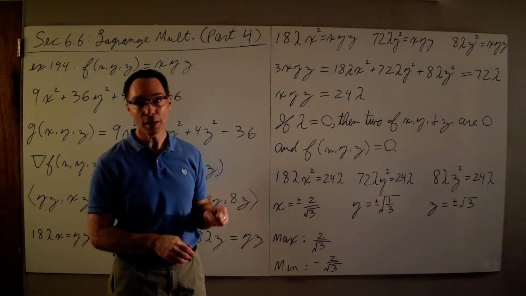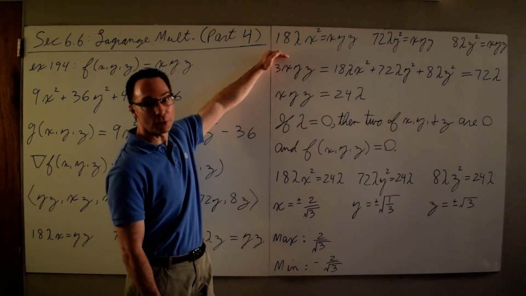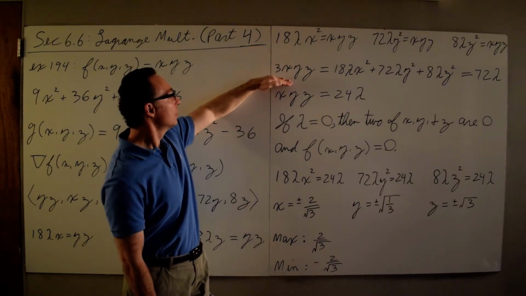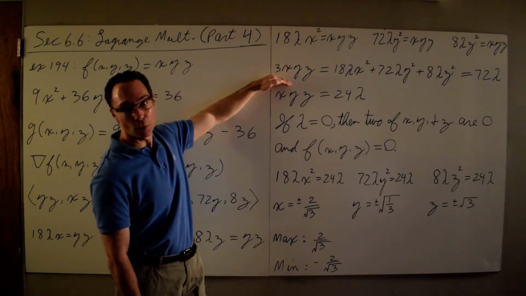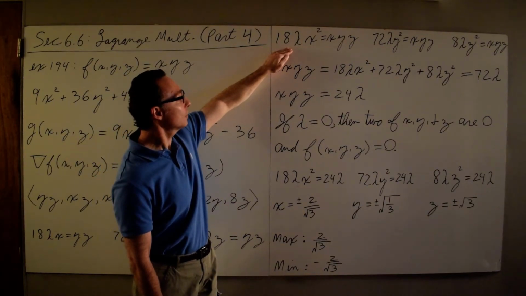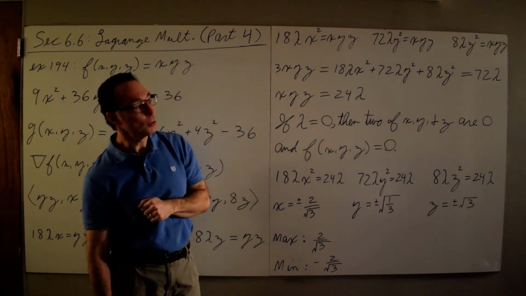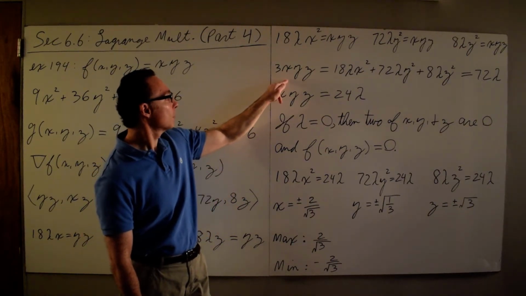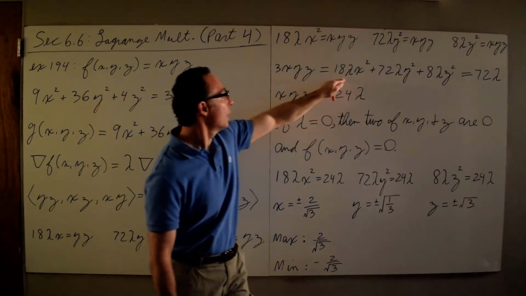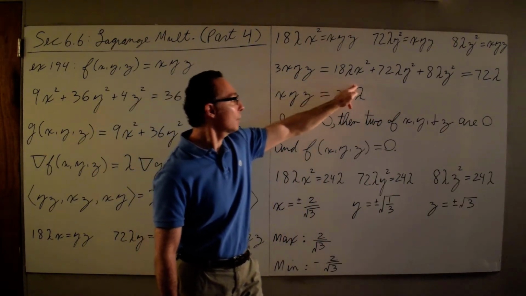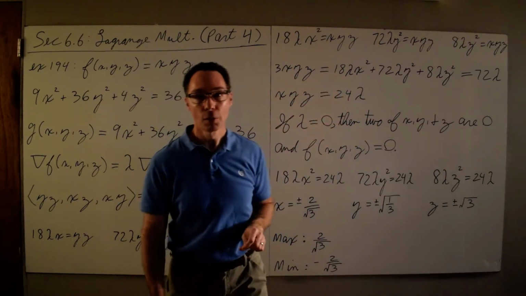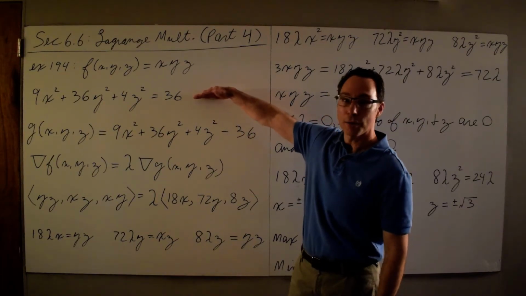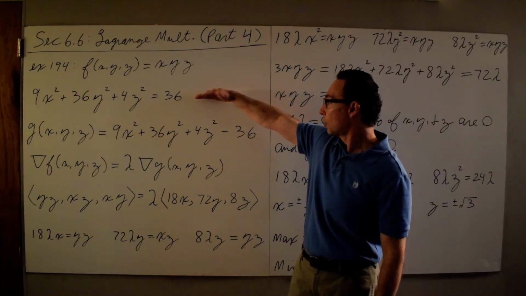The nice thing is that on the right side of these three equations we have xyz. So let's add xyz to itself 3 times. So 3xyz is equal to what? Well, 18λx² + 72λy² + 8λz². Let's factor out a lambda. What does our constraint tell us? Our constraint tells us that 9x² + 36y² + 4z² = 36.